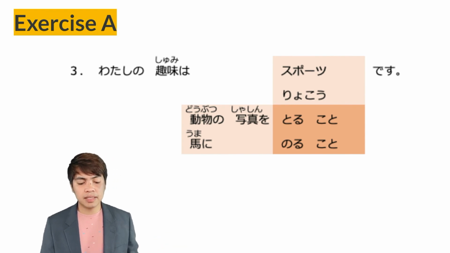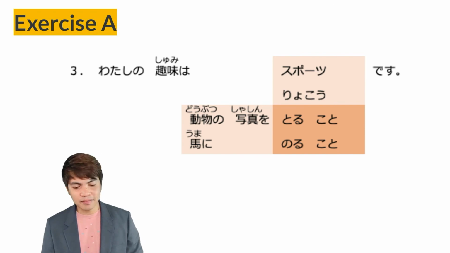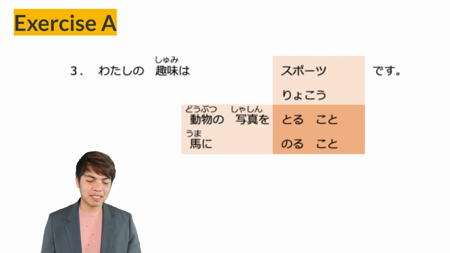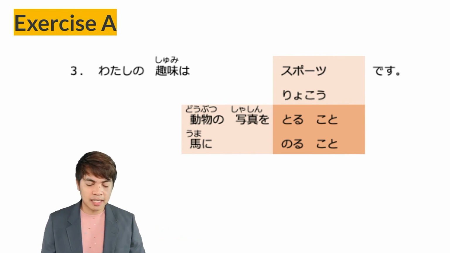My hobby is taking pictures of animals, or I am interested in taking pictures of animals. Last line, watashi no shumi wa uma ni noru koto desu. So from the verb uma ni norimasu, to ride a horse. Uma ni noru koto desu. My hobby is riding horses.